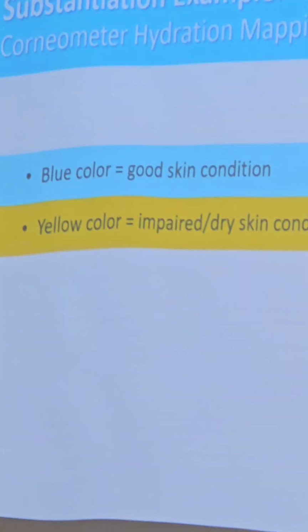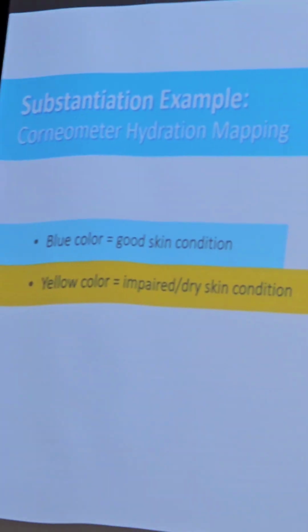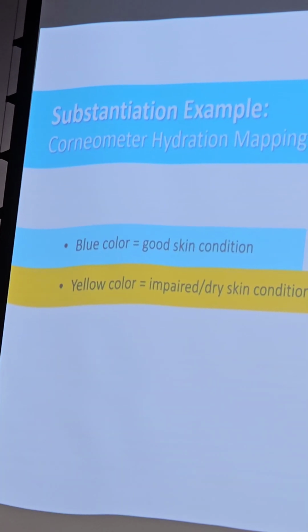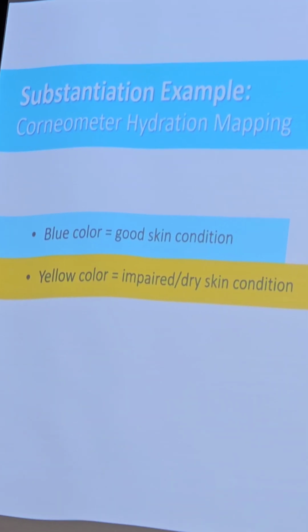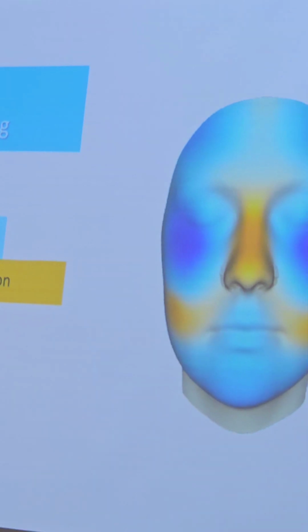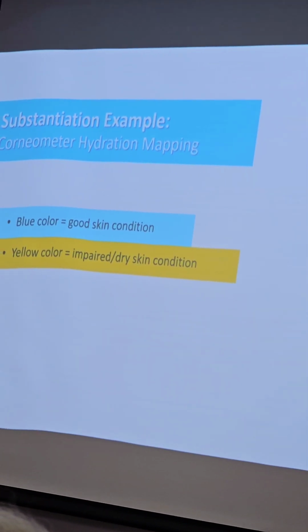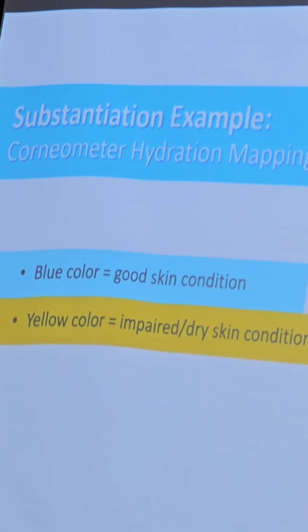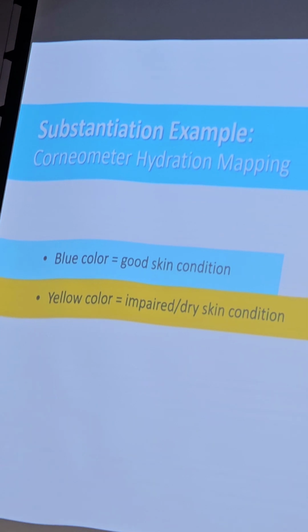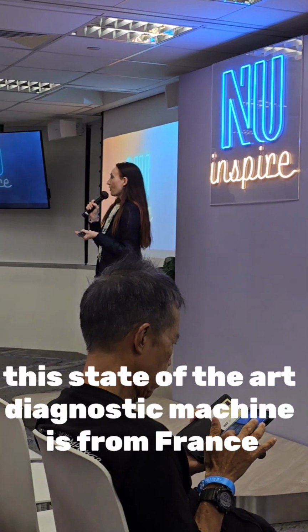And I want to show you this example because this shows some new imaging systems that we use in our products. So the blue color is good skin condition, and the yellow is dry skin, very dry. So yellow is like the desert, it's dry skin, and blue is nice moisturized, hydrated skin, like the water, the river in France.